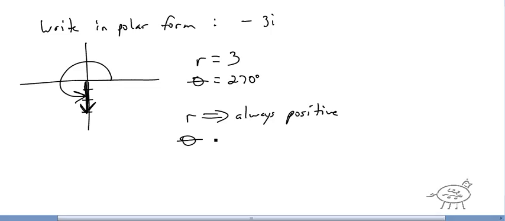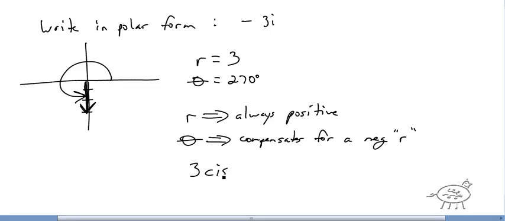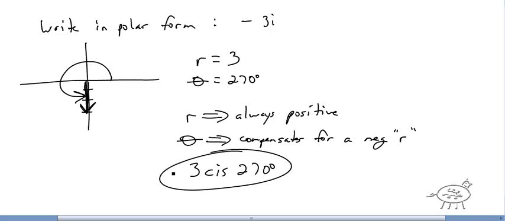And basically what theta does is theta compensates for a negative r value. All right, so we don't have to worry. All you do is just look at the theta is 270 degrees, r is 3. So my answer for this one is 3 cis 270 degrees. That's it. It's pretty easy.